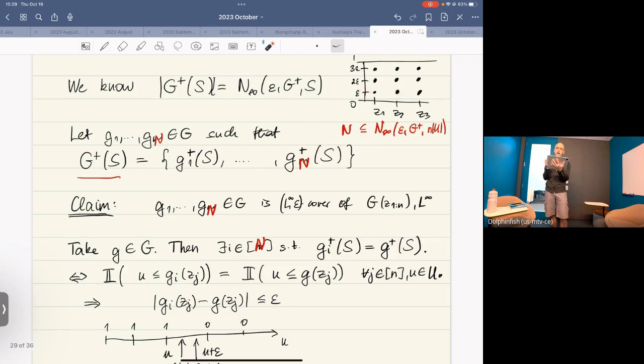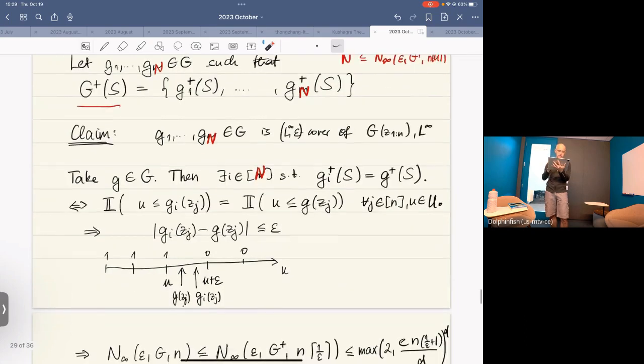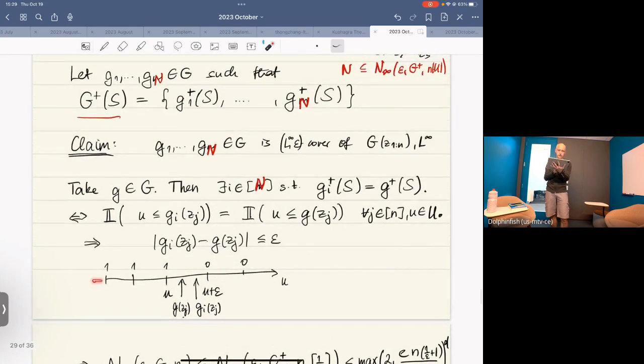Then if you see that, okay, I guess I have the figure here. So here's the U, like you're flipping it on the side, and you see that the indicator indicates that, okay, like you have 1, 1, 1, and then 0, 0. If you have 1, 1, 1, and then 0, 0, then that means that both G_i(Z_j) and G(Z_j) are in between these two endpoints, U and U plus epsilon.